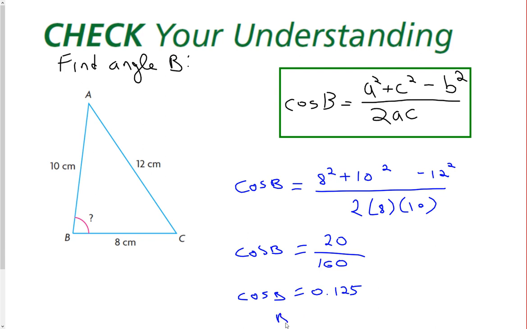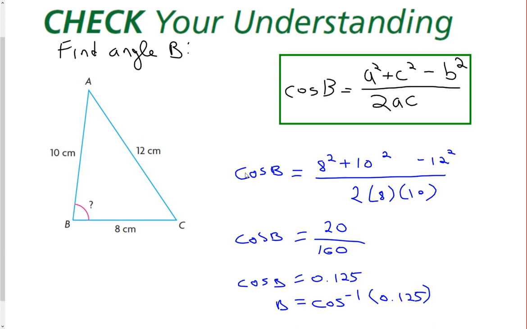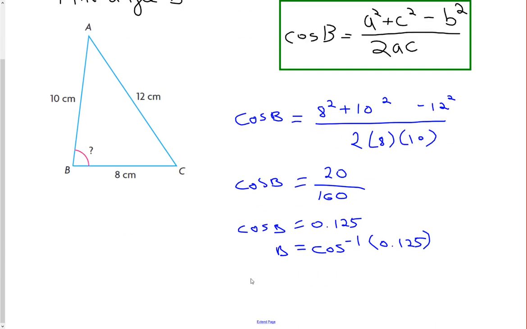And now I'm going to do my cosine inverse. So that should be 83 degrees when you round off to our nearest degree.